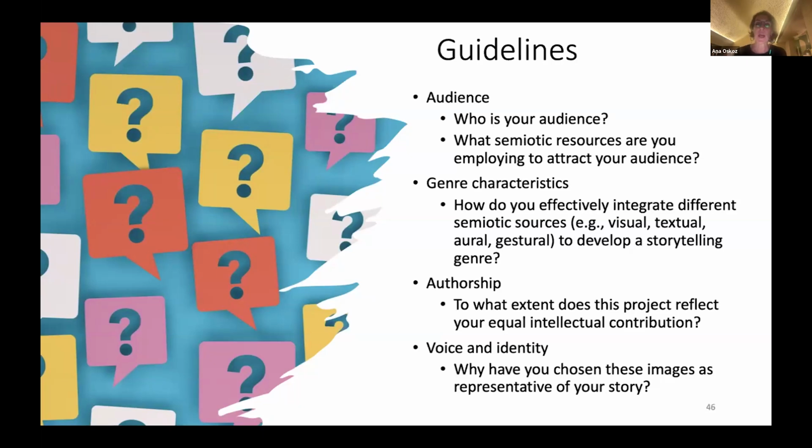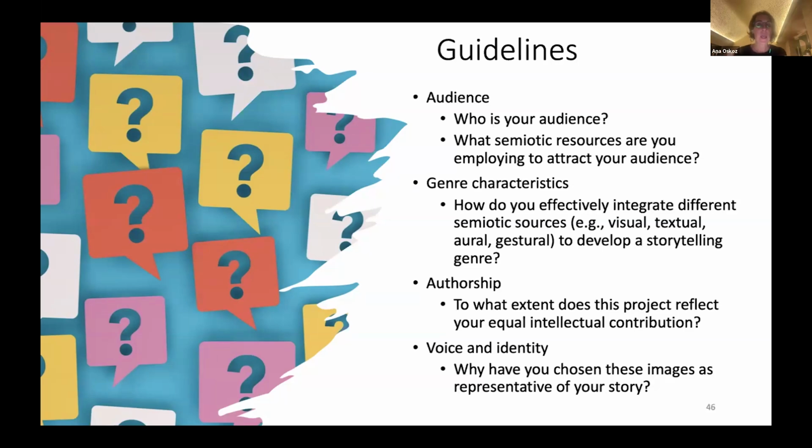Are the semiotic resources that you are using attracting the audience to be engaged with your multimodal text? If we are talking about genre characteristics and the digital storytelling genre, are you using effectively all the different semiotic resources to create the story?